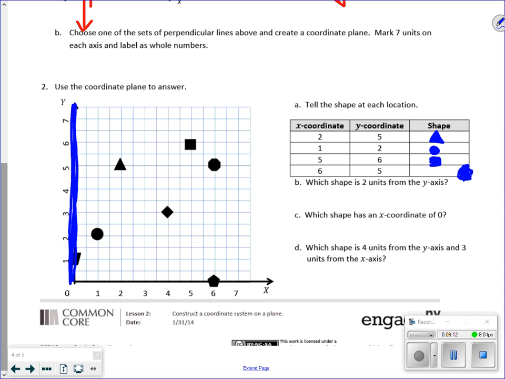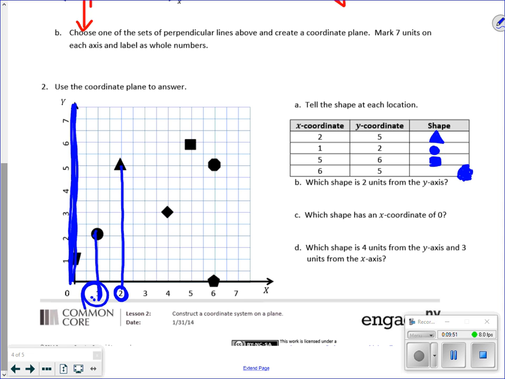So, if I'm at the y-axis, if I went 1, 2 away from it, what shape is 2 away from it? Is it the circle? The circle is only 1 away from it. So here's 2, what shape is 2 away from it? The triangle. You can't count the lines.